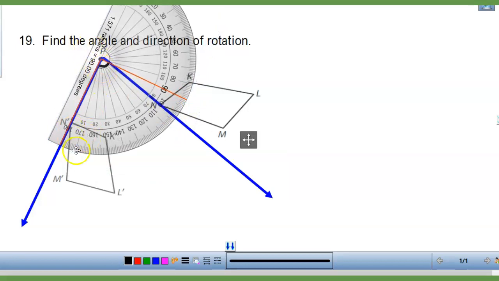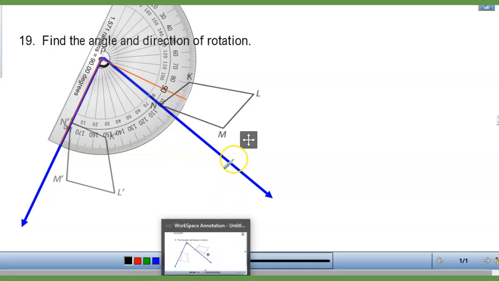And we can see this is an acute angle. So I'm not going to use these bigger numbers, right? I know it's going to be less than 90 degrees, so that means I need to use these right here. So here's 10, 20, 30, 40, 50, and 60, 70. It looks like about 80 degrees, maybe plus or minus a little bit from 80 degrees. But I'm going to go with 80 degrees. That's very, very close. And I won't mark you off if you're pretty close to that as well.